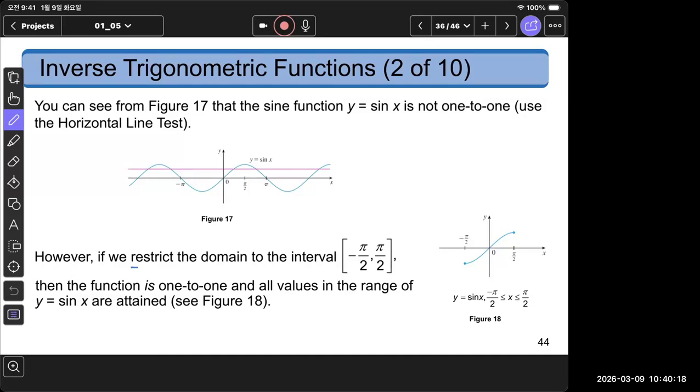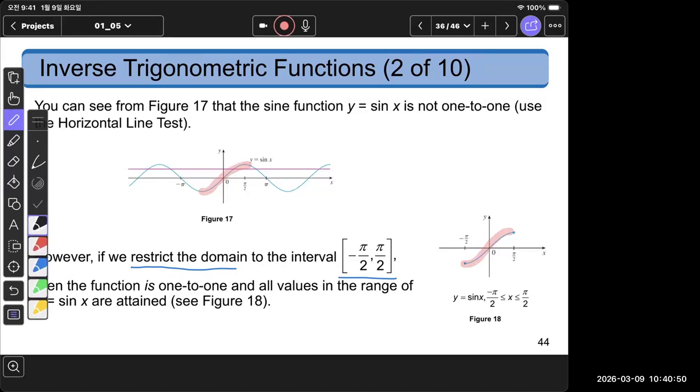If we restrict the domain of the sine function to this interval, in other words, we want to consider only this portion between minus half pi and half pi, then that sine function is definitely a one-to-one function, right?